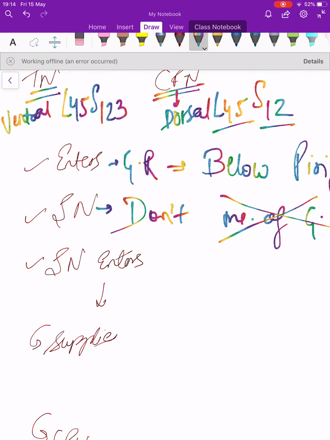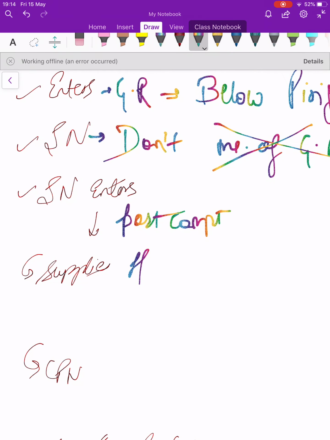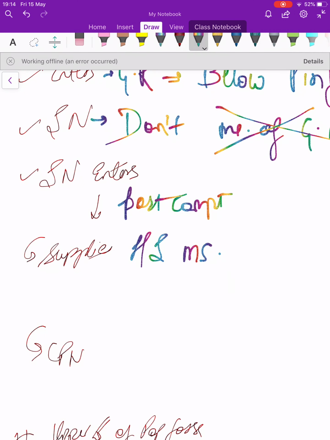Then next, the sciatic nerve enters the posterior compartment of the thigh and it supplies the hamstring muscles. They are supplied by the tibial component of the sciatic nerve.